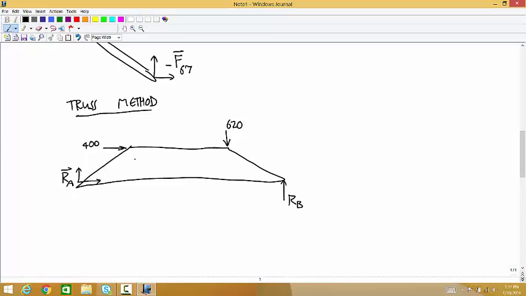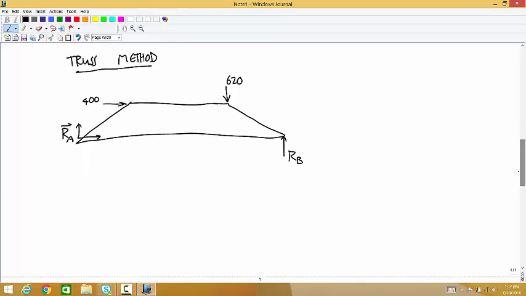And this was the one that you got different things depending on where you chose the about point? Yeah, so we did the moment about A, we got different values for AX and AY. And then if we did the moment about B, we got different values for RB and RAX and RAY. Okay.